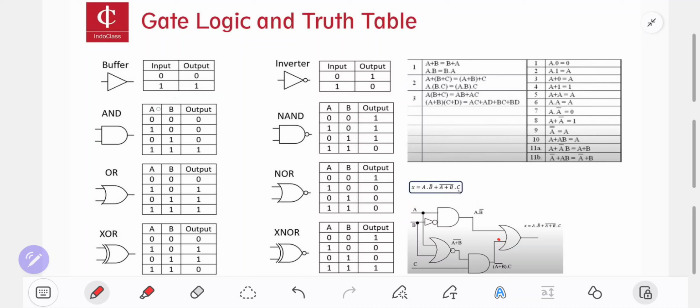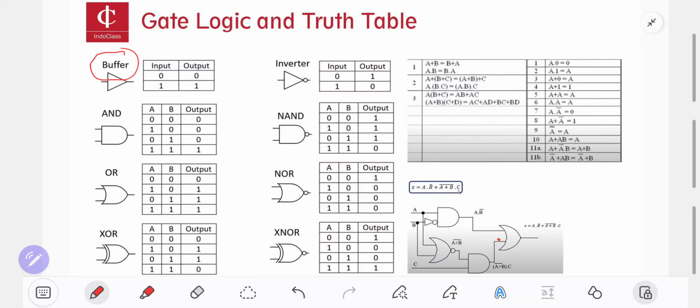Or you can think of 0 for low voltage and 1 for high voltage. Or you can think of the other statement: 0 for low frequency and 1 for high frequency. Okay, the buffer is the normal condition.